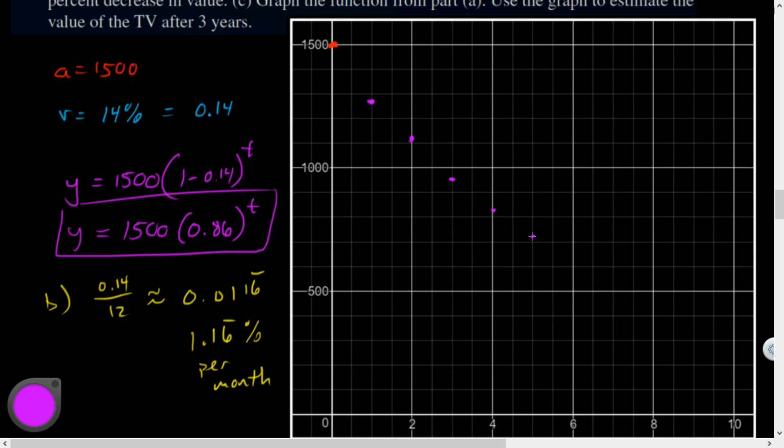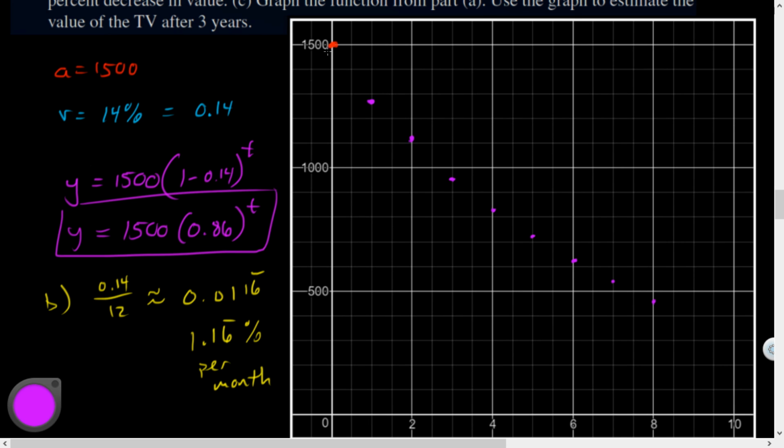Next I get, and all I'm doing is multiplying by 0.86 over and over, I would then get 606.85, right? And I've got like 100 units in between there, so I don't really have a lot of way of making that very accurate. And let's see, another one, 521, right there, and then 448. I'll just go out to this far, 448.